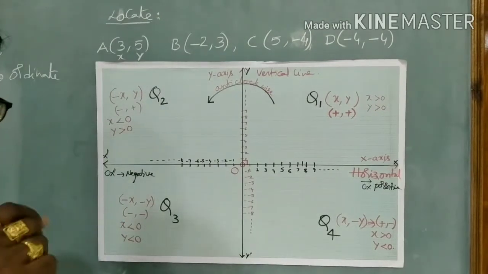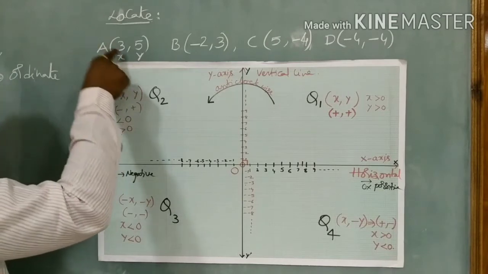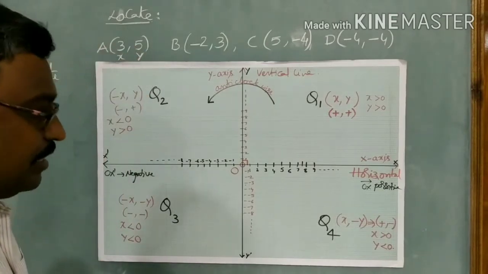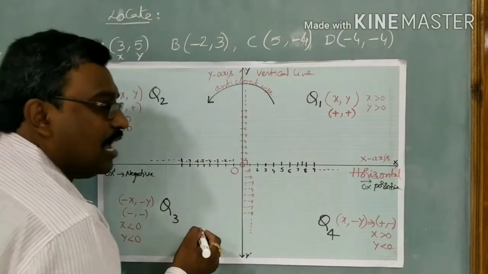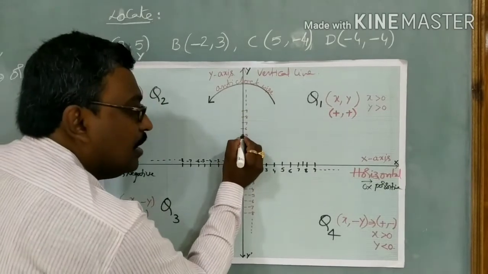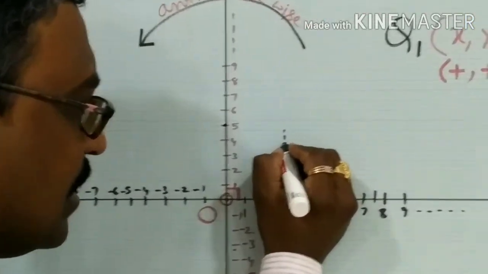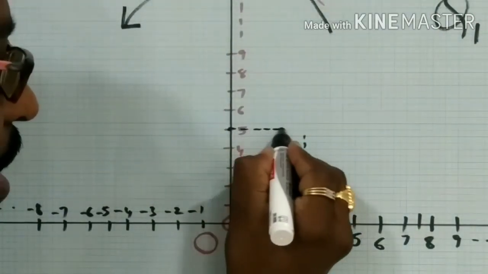Now, which one should you see first? X, because it is an ordered pair. X is 3, y is 5. Where is the x value 3? Yes, here. And where is the y value 5? Here it is. Now this is the 3 line, and this is the 5 line.